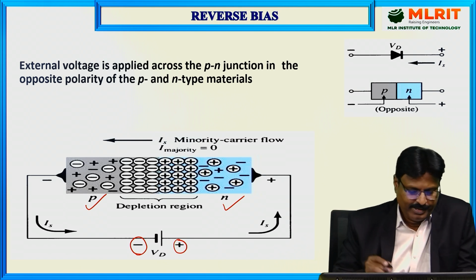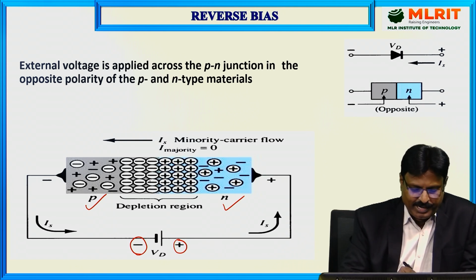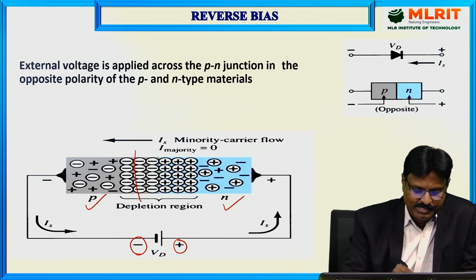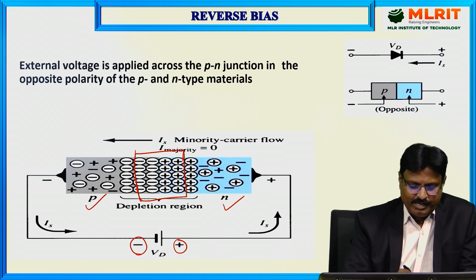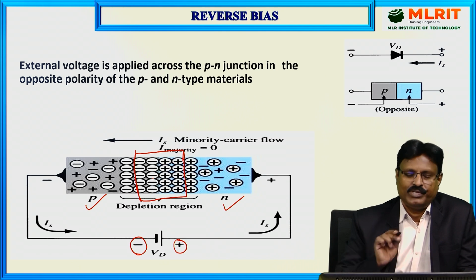We know that under zero bias, a depletion region is created. Let us take the depletion region width under zero bias like this. That means on this side two positive ions and on this side two negative ions. At zero bias, this is the situation.